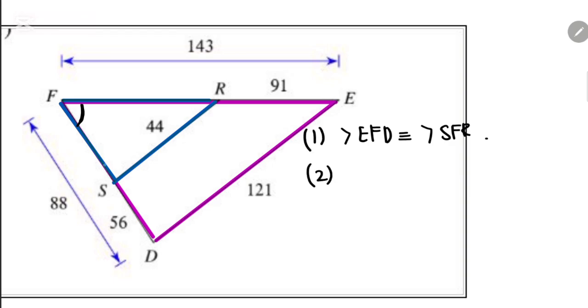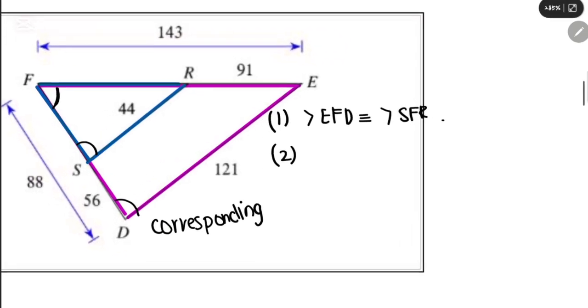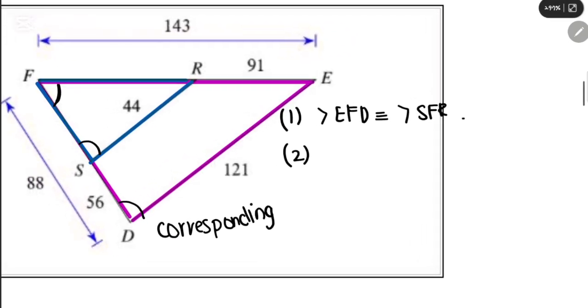Also, these are the same because they are corresponding angles, right? Because these two, assuming they're parallel, right? You just assume they're parallel. So if they're parallel, then these are the same, and these are also the same. Please go back to our angle properties lesson. That's very important. You should know them, right?